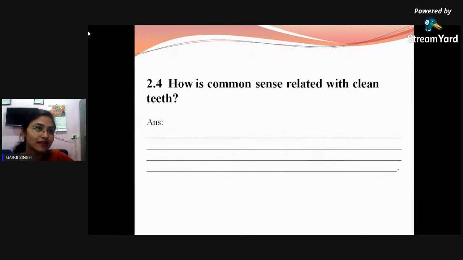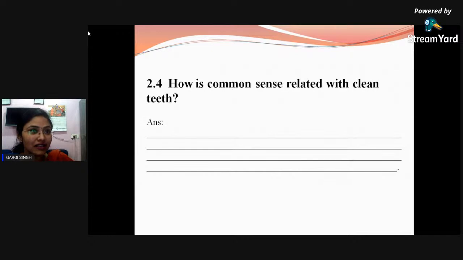Okay. Because clean teeth show common sense. How? How are clean teeth related with common sense? Pramesh says it shows our knowledge about hygiene. Very good.